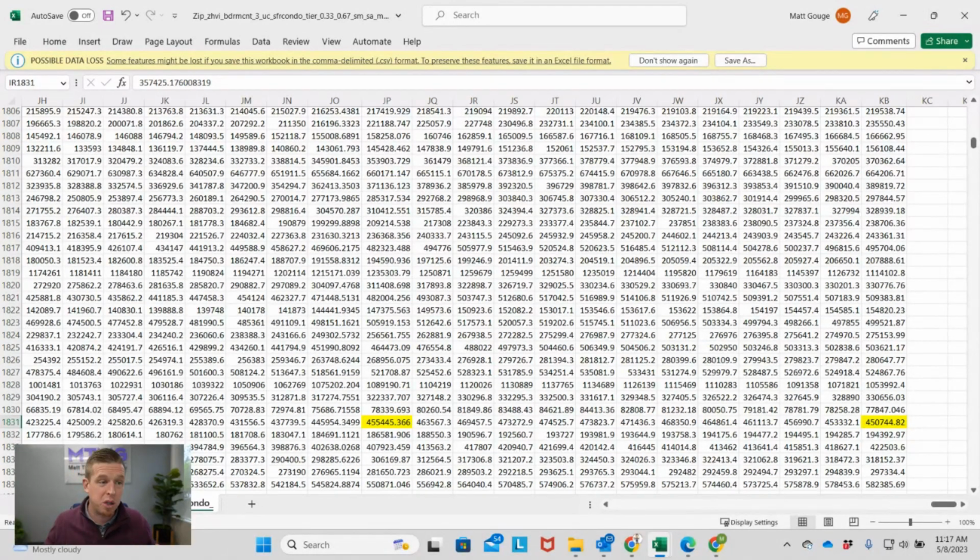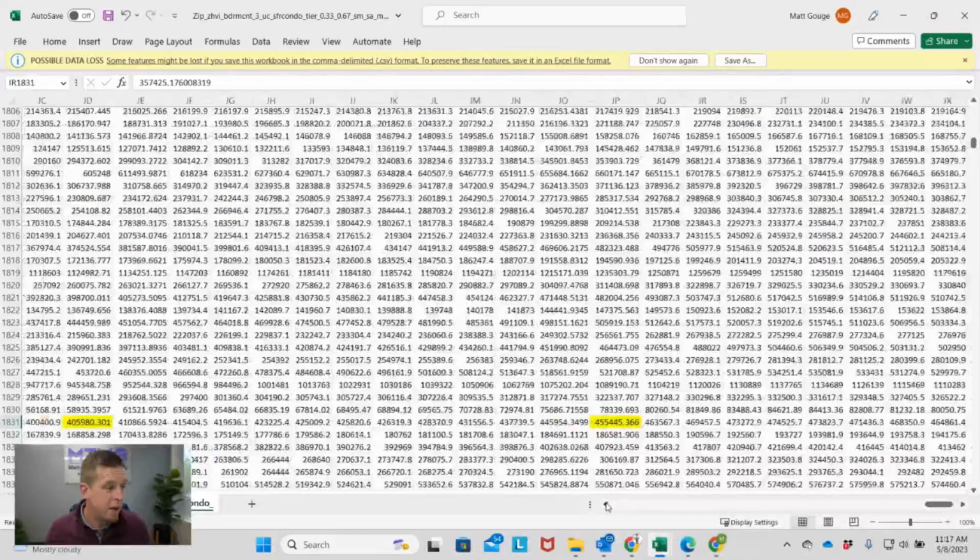Depending on whose metrics you're using, it might be a year-over-year number of down 1.5%, down 2%, but whatever the case, it's down. If you go back another year, it was at 405. So 405 to 455, what's that, about 12%?